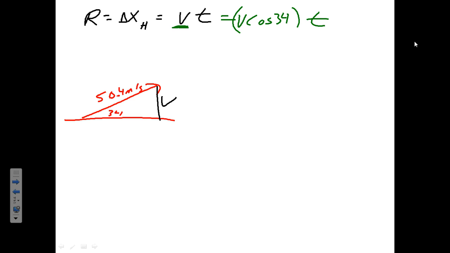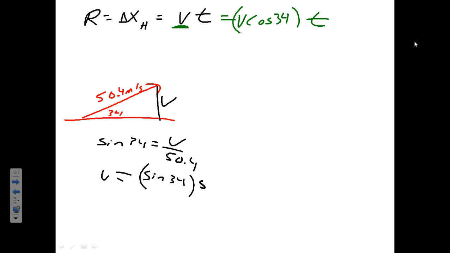So we'll say sine 34 equals V over 50.4. So V equals sine 34 times 50.4.